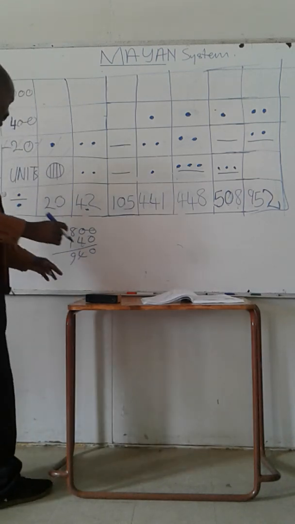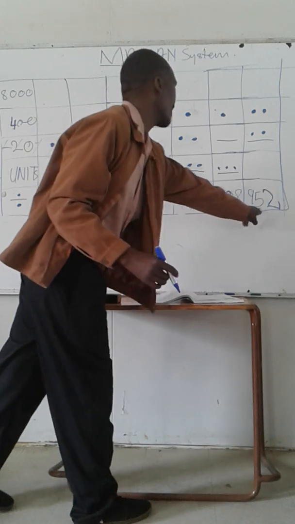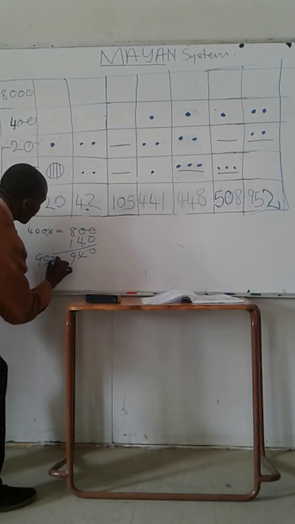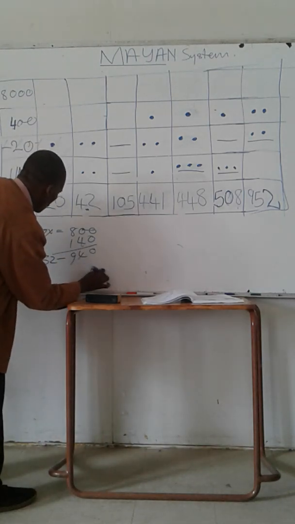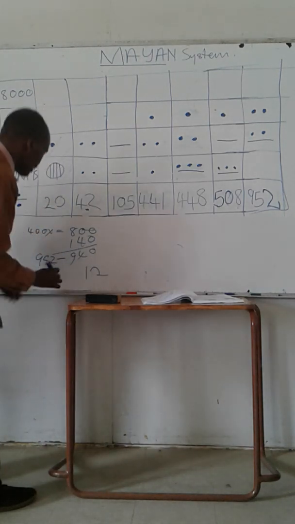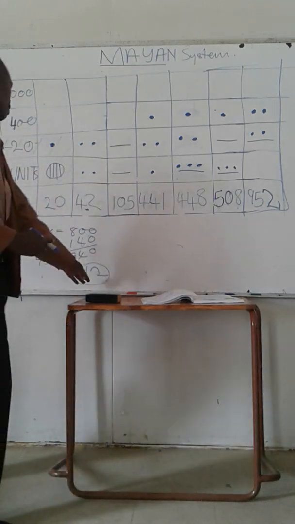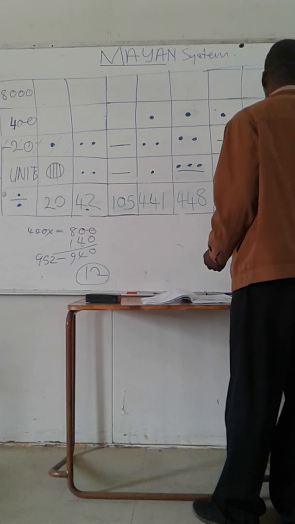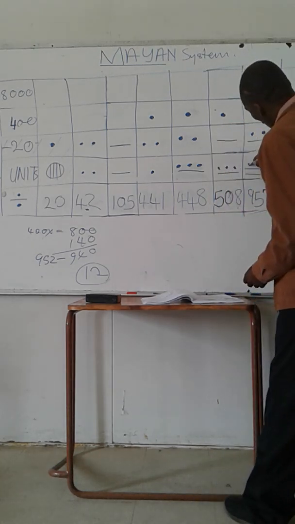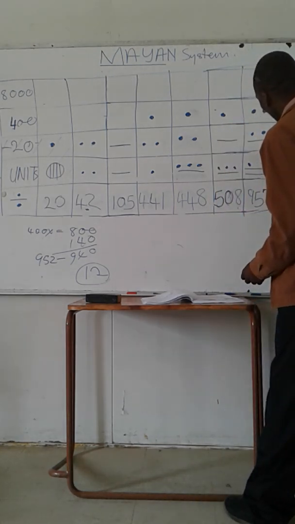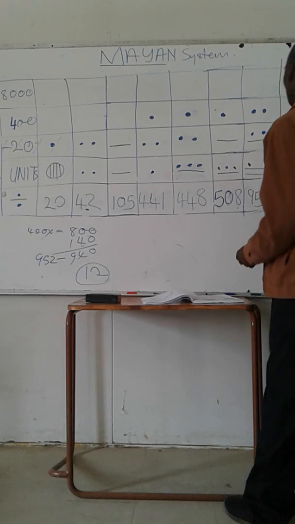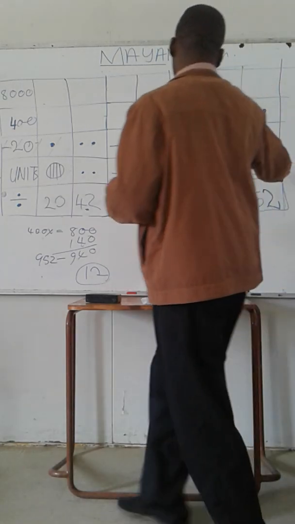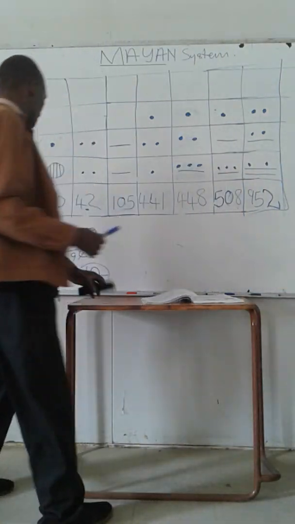But our thing is 952. So 952, subtract that, you're going to get 2 and 1. That means 12 units. So you take your 12 units, you put them 5, 10, plus 2 dots. 5, 10, 11, 12. That is how it ends.